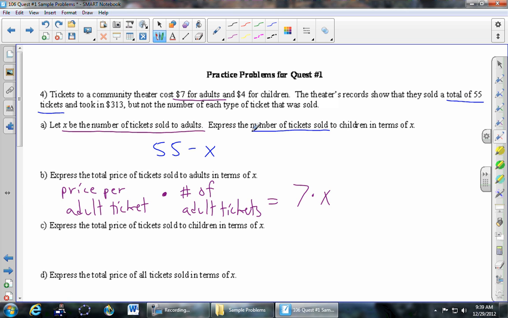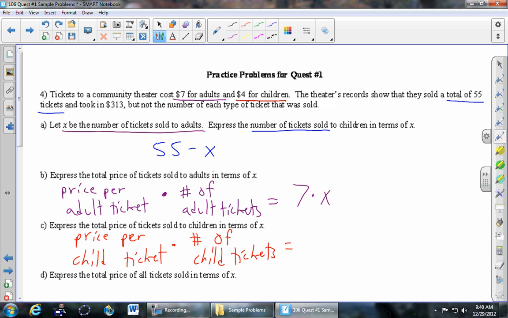Part C, express the total price of tickets sold to children in terms of X. This is almost exactly the same as part B, except everything now is going to change to children. So this is price per child ticket, and then we're going to multiply by number of child tickets. So the price per child ticket is $4.